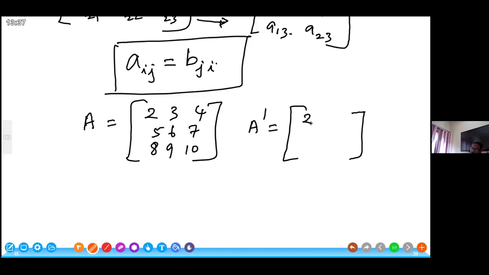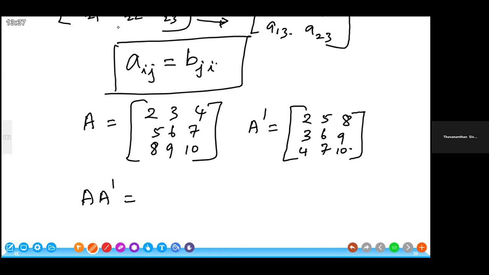That is 2, 3, 4, 5, 6, 7, 8, 9, 10. Now multiply A with A transpose. I will give you 5 minutes. Multiply A with A transpose.